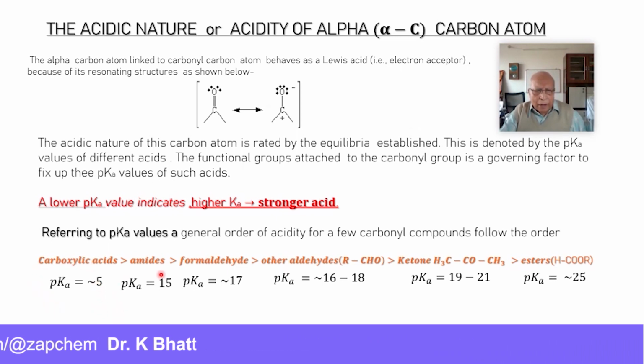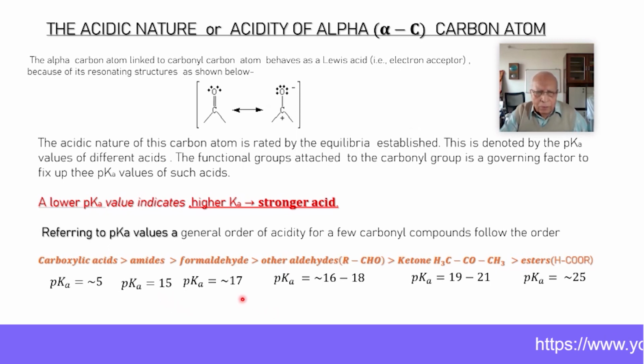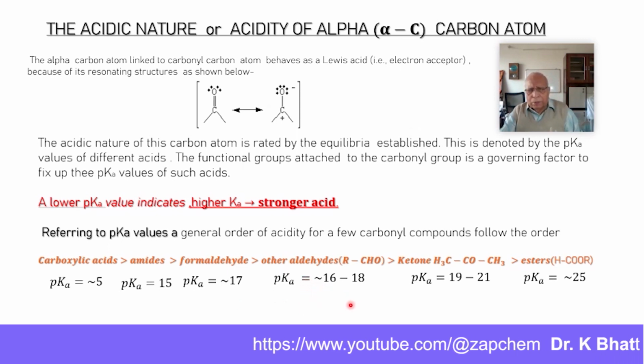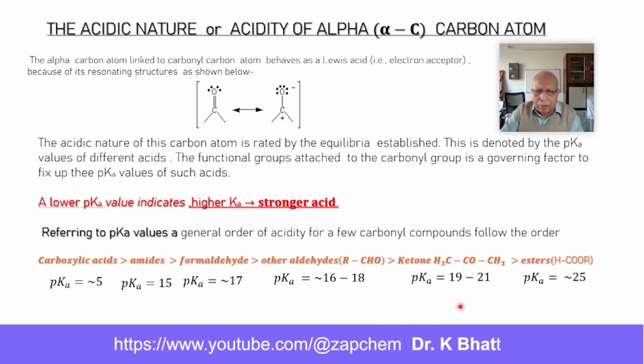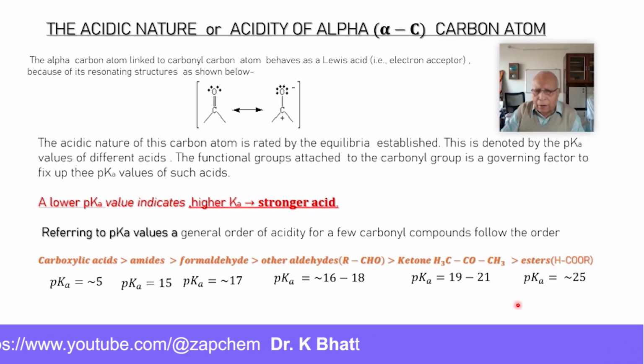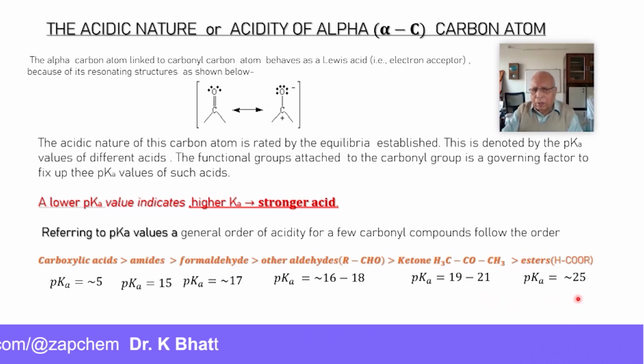For amides, where a CONH2 group is attached to the carbonyl group, the pKa is 15, formaldehyde 17, and other aldehydes lie between 16 and 18, ketones 19 to 21, and the pKa of esters is 25. Well, that is how the acidity of the alpha carbon atom can be made out.